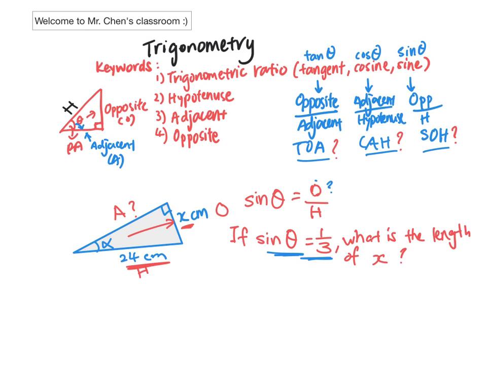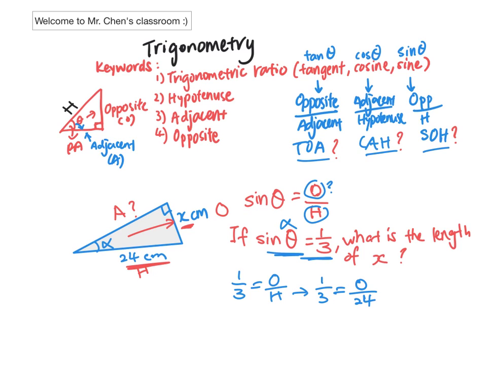That means this one divided by that one gives 1/3. So from there we put the numbers in. 1/3 is equal to opposite over hypotenuse, since sine theta, or sine alpha, doesn't matter, is equal to 1/3. We know hypotenuse here is 24, so 1/3 equals opposite over 24.